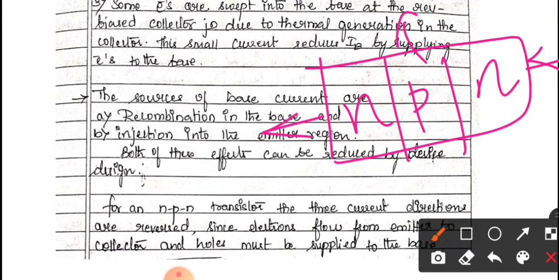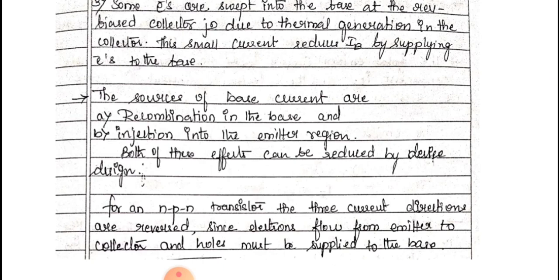Electrons will be flowing from emitter to collector, and holes must be supplied to the base. So that is the only difference, so go through the NPN transistor working.